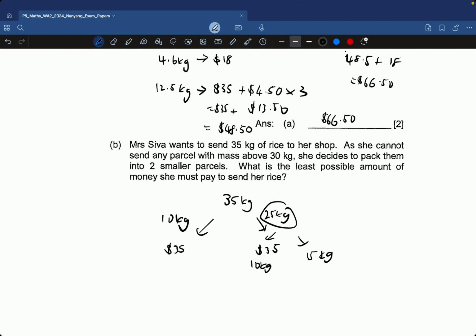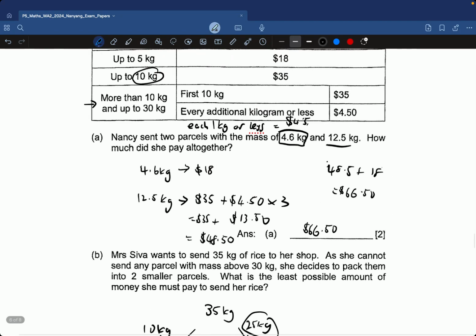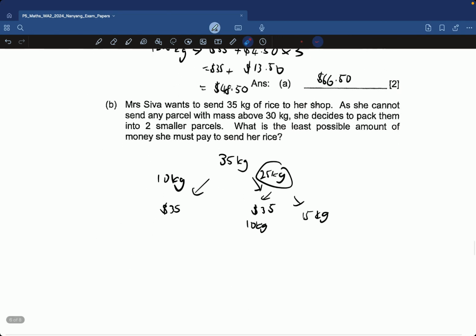So for 15 kg, each kilogram in this box over here is 4.5. So that means this will be 15 times 4.5, and this will give us 67.5.